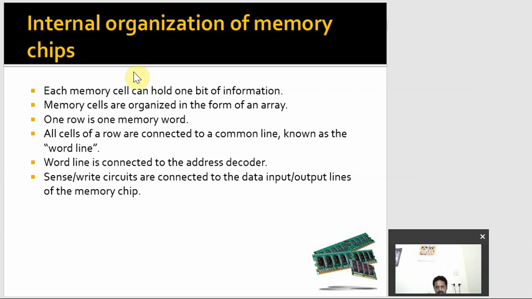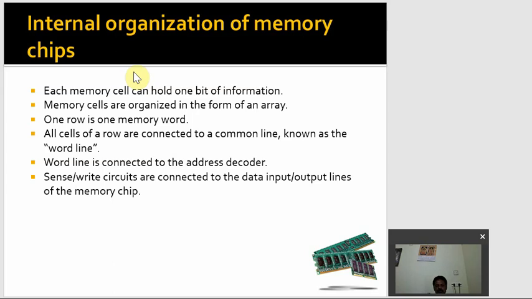We will organize the memory, which is why they say that memory cells are organized in the form of an array. That means it consists of rows and columns. One row is one memory word. Whenever you consider the array, one complete row is considered as one memory word.